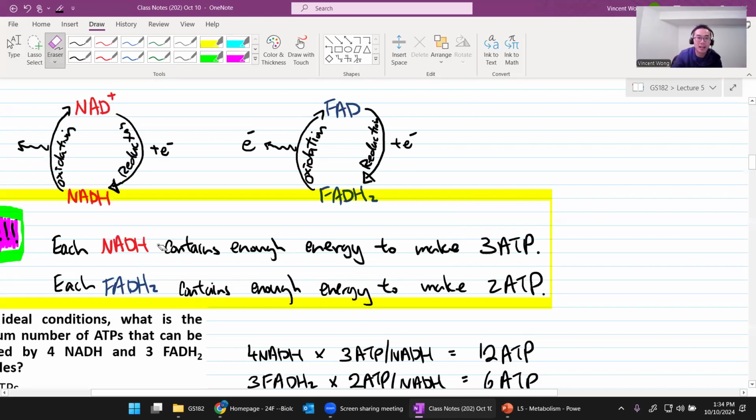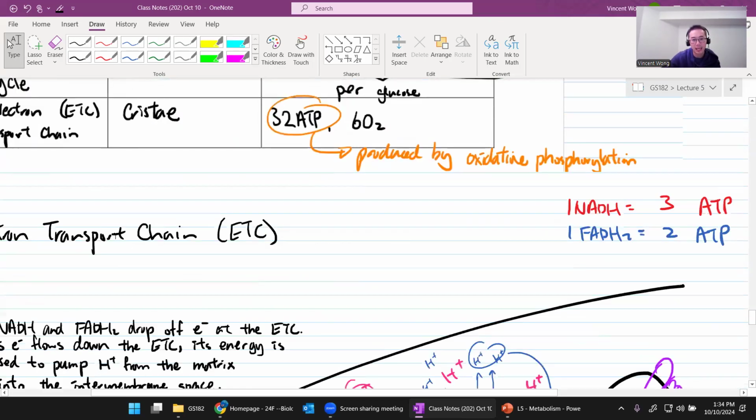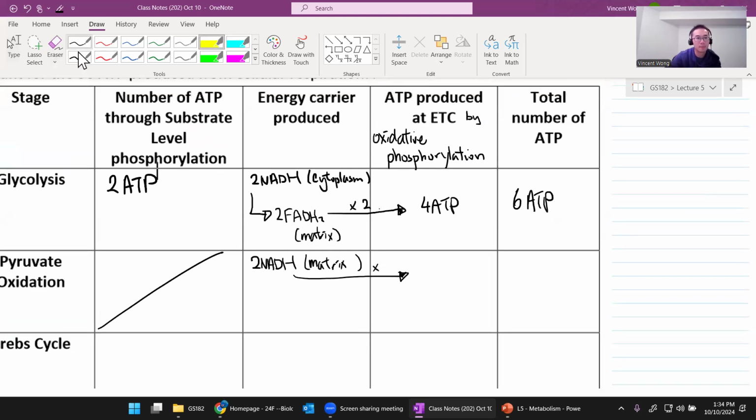So an NADH is like 3 ATP, $3. 1 FADH2 is 2 ATP. This part is what you need to answer some of the questions on the test. So let's go back here. We have 2 NADH. How many ATP can they generate each? 3. So 2 times 3 is 6.